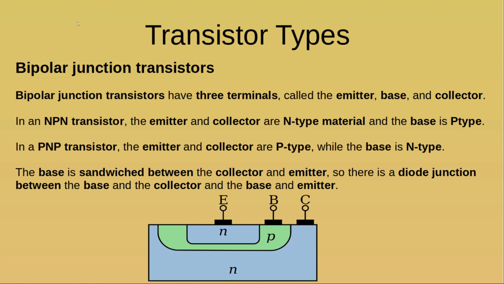But basically, that's how you make a standard bipolar transistor. And if you reverse it and you do a PNP, it's kind of the reciprocal. You use opposite voltages.